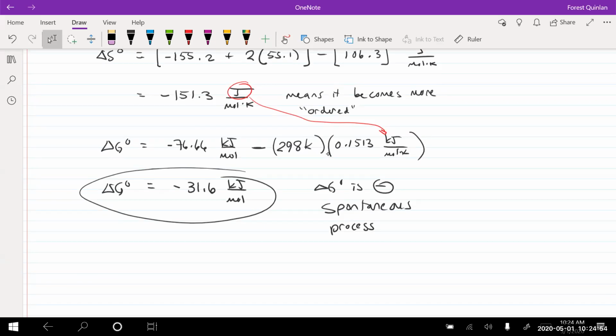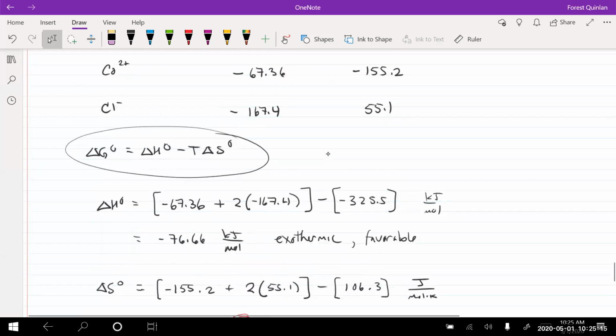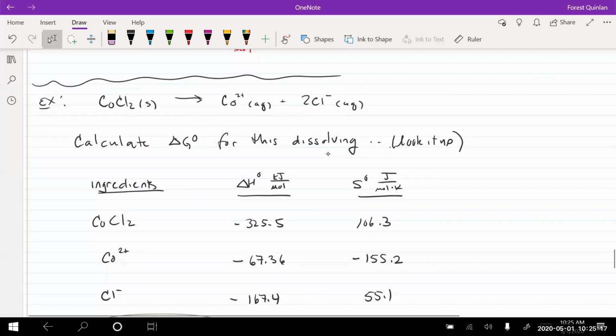So just because the individual portions don't necessarily make sense in the case of this entropy for this one, that's because the whole system might not make sense for our intuition. There are things that sort of go against the grain. But overall, when we started this problem, I said, hey, you've got cobalt chloride breaking apart.